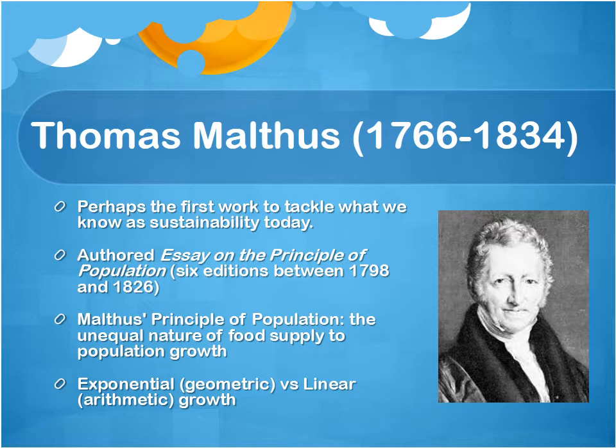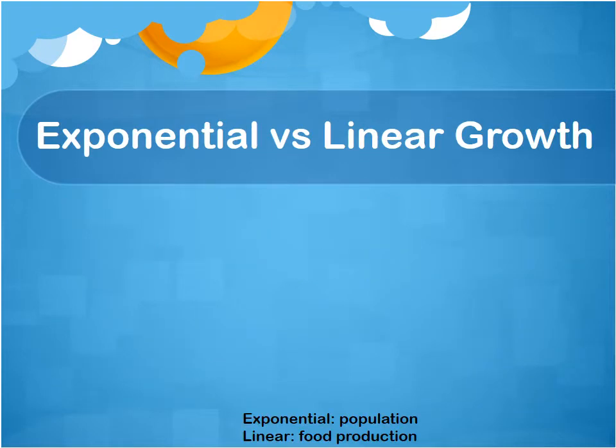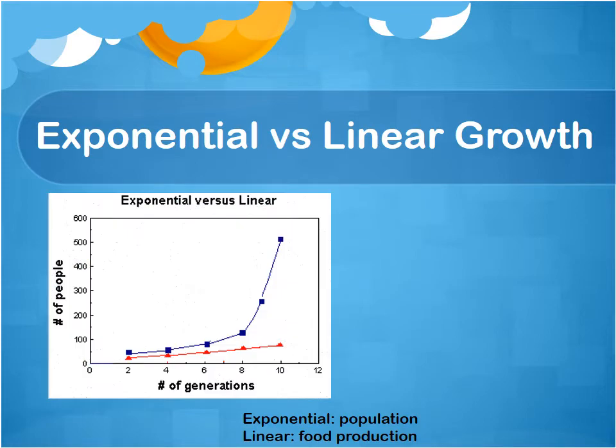If you think about it very simply, let's take a look at a couple of graphs. The first graph shows what exponential growth looks like versus linear growth. Exponential growth is growth that is dependent on the number of population that's present. So let's say at the very beginning there were 2 people so they can reproduce.